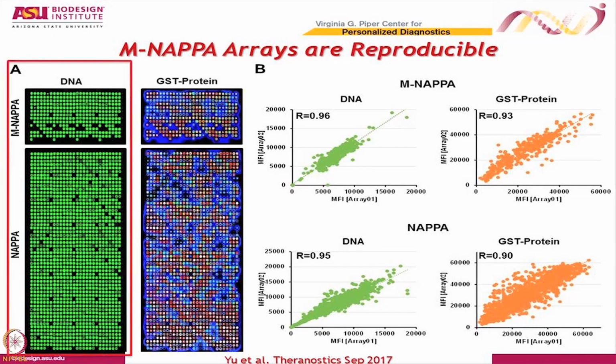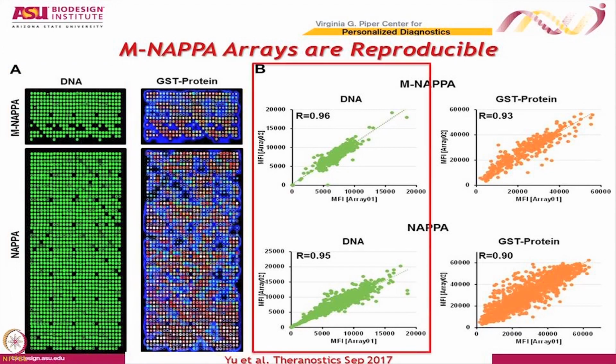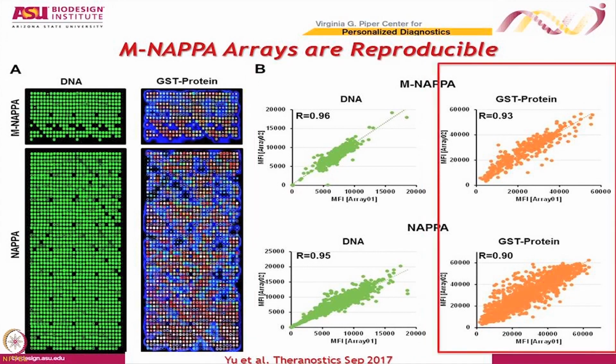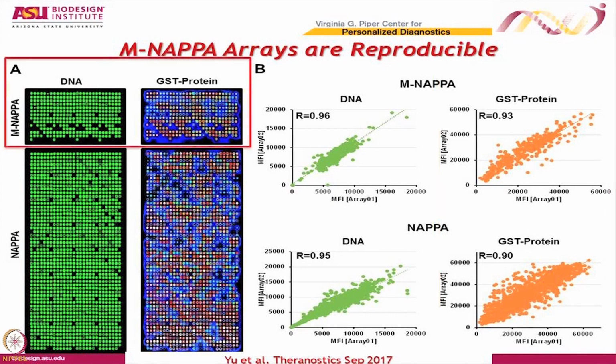All right, so this is the array printed with DNA. This is the array made with protein. And this compares the DNA from different arrays and then the protein levels from different arrays, just to show that they're reliable. This is a group of proteins up here printed as a mixed array. That is what we call multiplexed NAPPA.